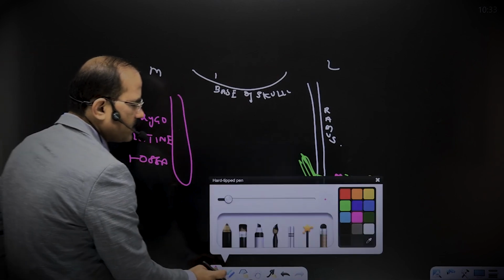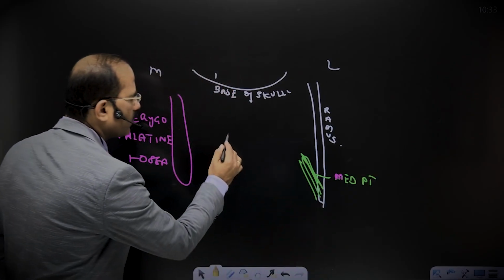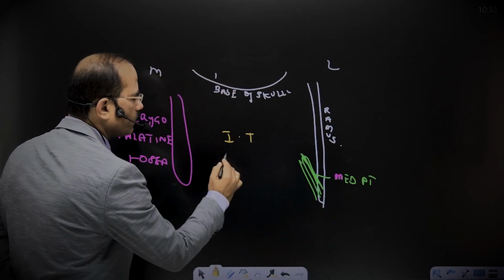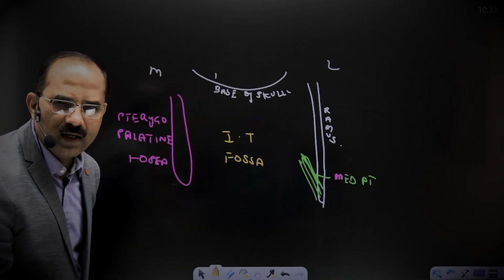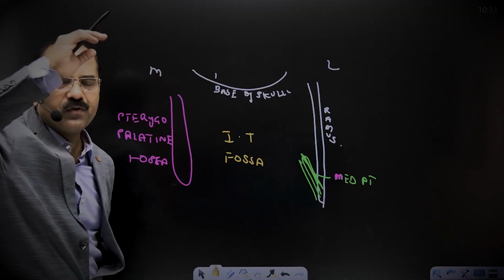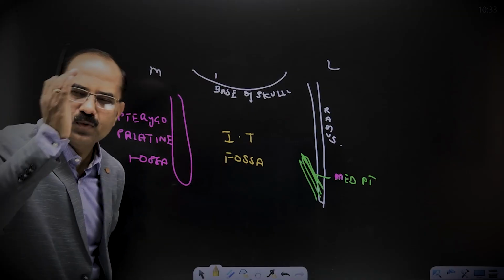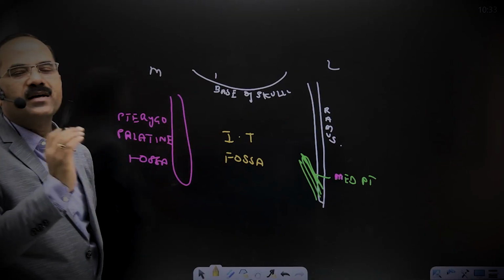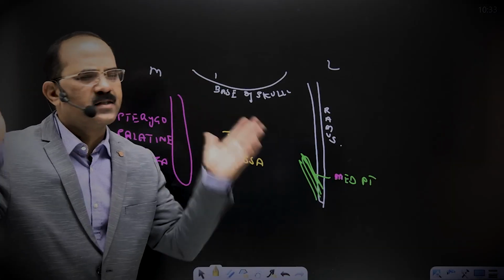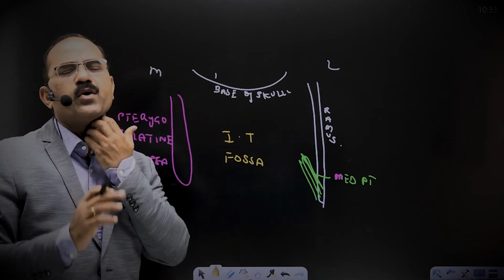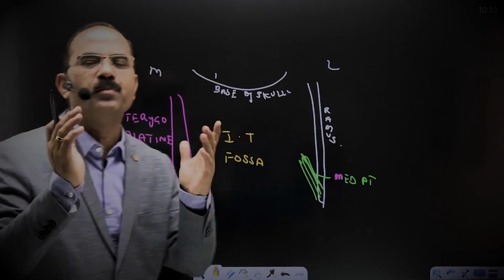So I label this as infratemporal fossa. Are you getting an idea? The roof is formed by the greater wing of sphenoid. On the lateral side is the ramus with the medial pterygoid. On the medial side is the Pterygopalatine fossa. Below it's open. It communicates.